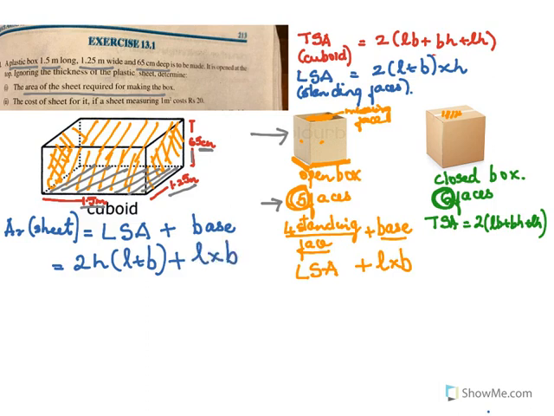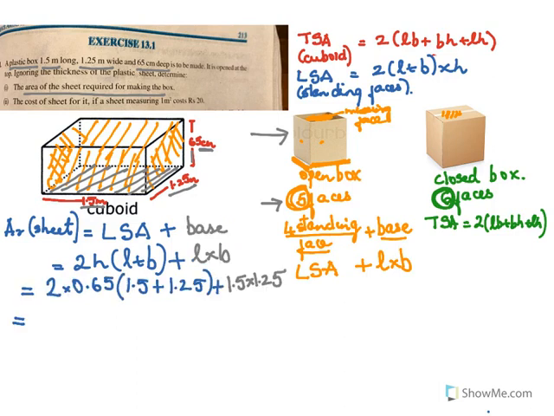And now we'll substitute the values. We know the height is 0.65. Here the height was given as 65, so to convert it into meters, we need to do 65 over 100, and that is 0.65.